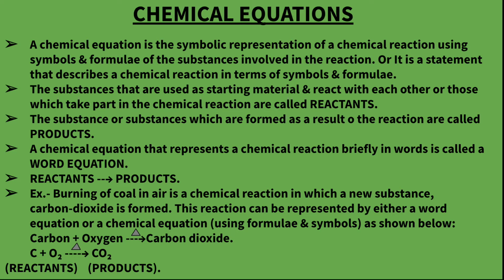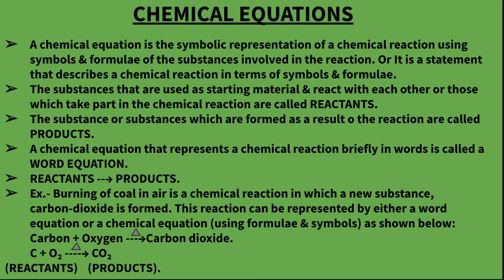The substances taking part in the reaction are represented by symbols and formulas, and this symbolic representation is known as a chemical equation. You can say it is a statement that describes a chemical reaction in terms of symbols and formulas.